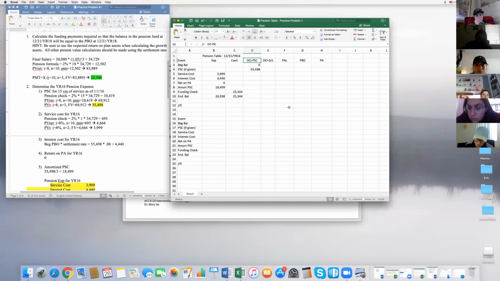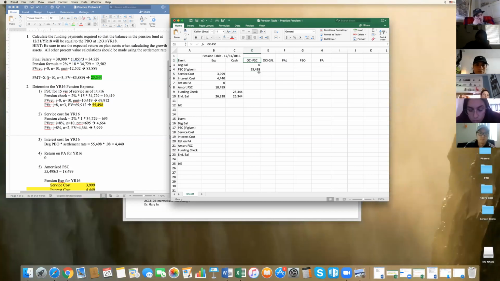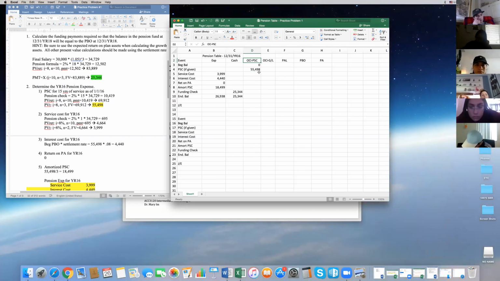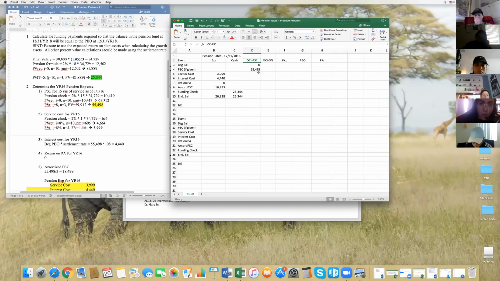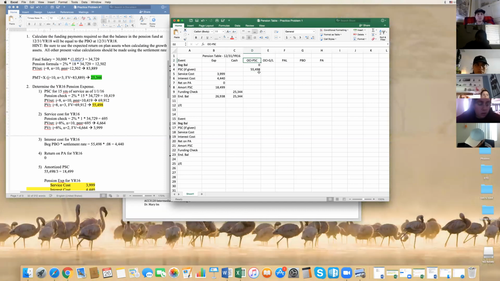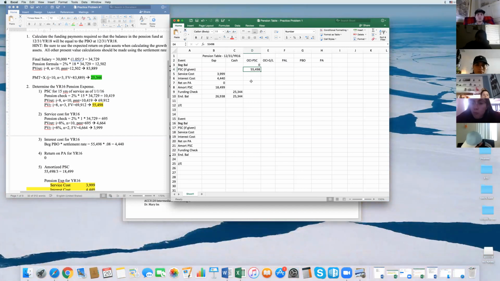But if you think about it, this $55,498 is a total accumulated cost to the company to compensate Albert for his 15 years of service. Therefore, it makes your income go down in the equity section, so it has a debit balance. So this $55,498 is a debit to OCI prior service cost.